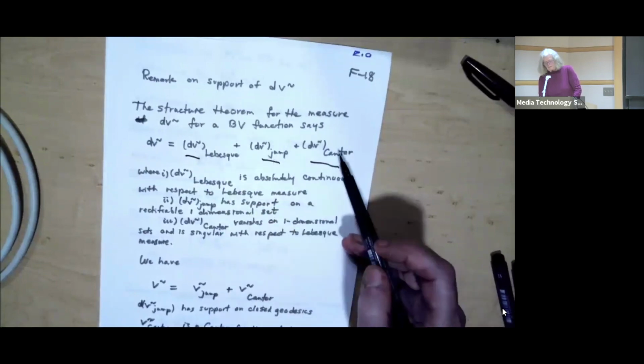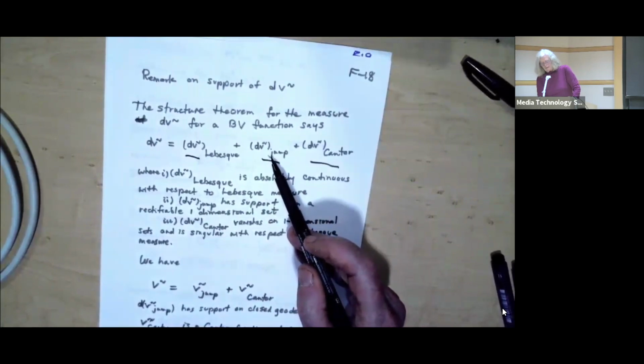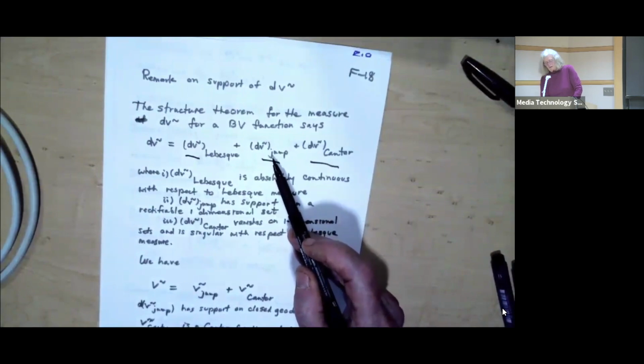These two pieces are singular. The jump part is a jump along a rectifiable n-1 set, but in this case that's just a line.